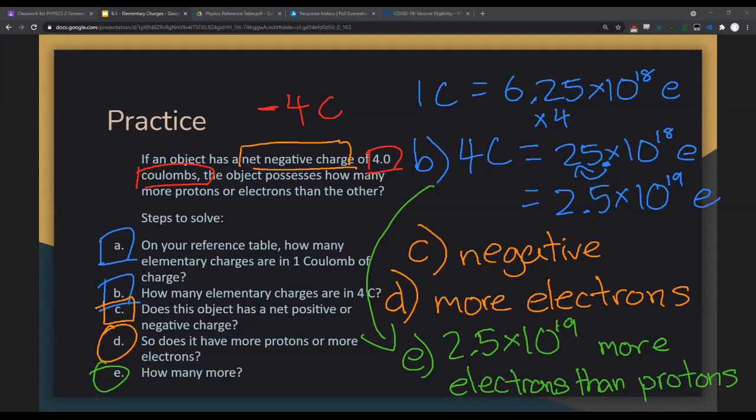Here's the thing: if your net charge is negative 4 coulombs, you have more electrons than protons here. You have this many more electrons than protons. Any questions about this?